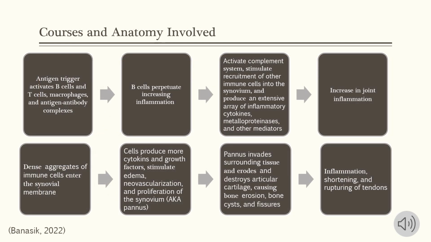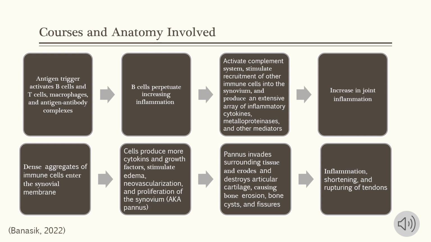Courses and anatomy involved. Antigen triggers activate B cells, T cells, macrophages, and antigen antibody complexes. From there, B cells continue building inflammation, which activates the complement system and recruits a ton of immune cells to go into the joint. And that excites an inflammatory response, which only increases the joint inflammation.